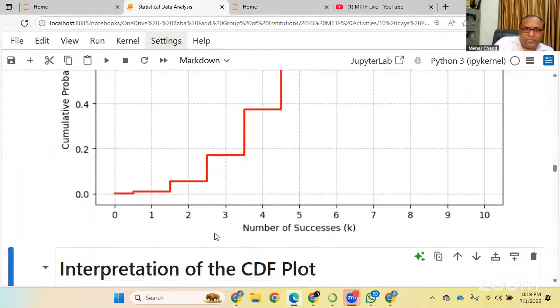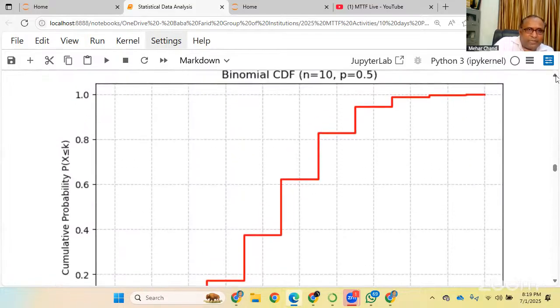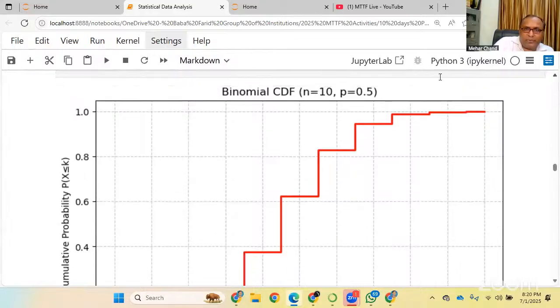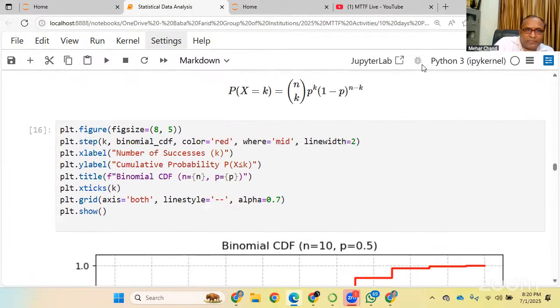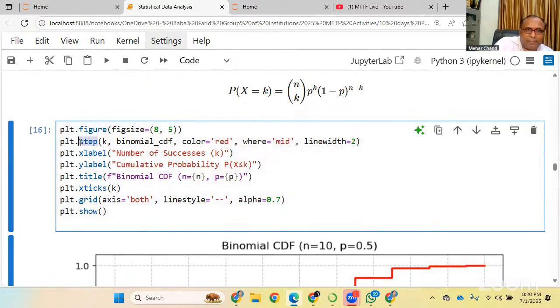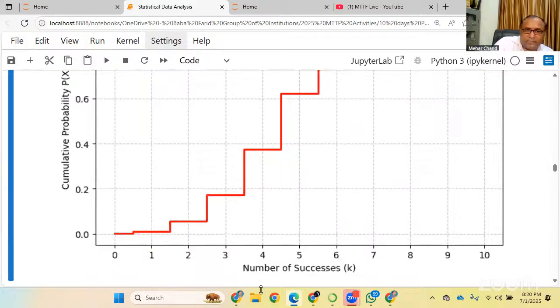Okay. So these are the numbers of successes, and on the vertical axis, left side, we have the cumulative probability. And on the top, we have the title. And you can see the graph. Due to the step we use here, the graph looks like this, just like a stair step.